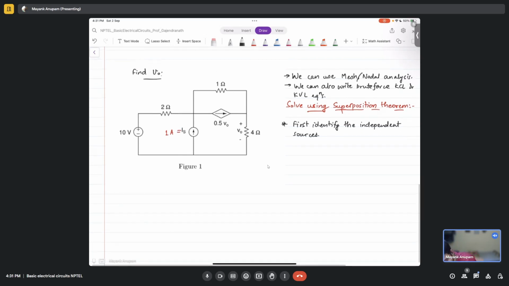So we have two, right? This is one independent source, this is another independent source, correct?